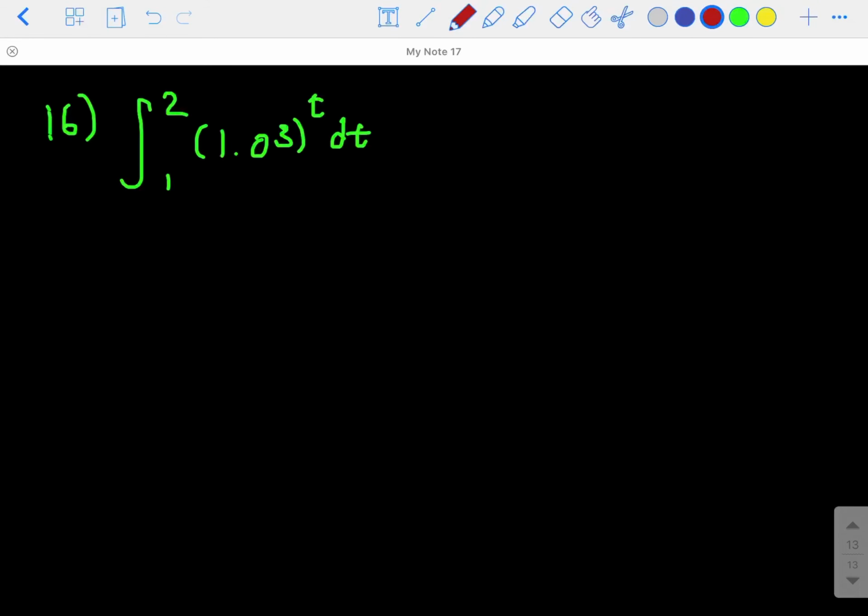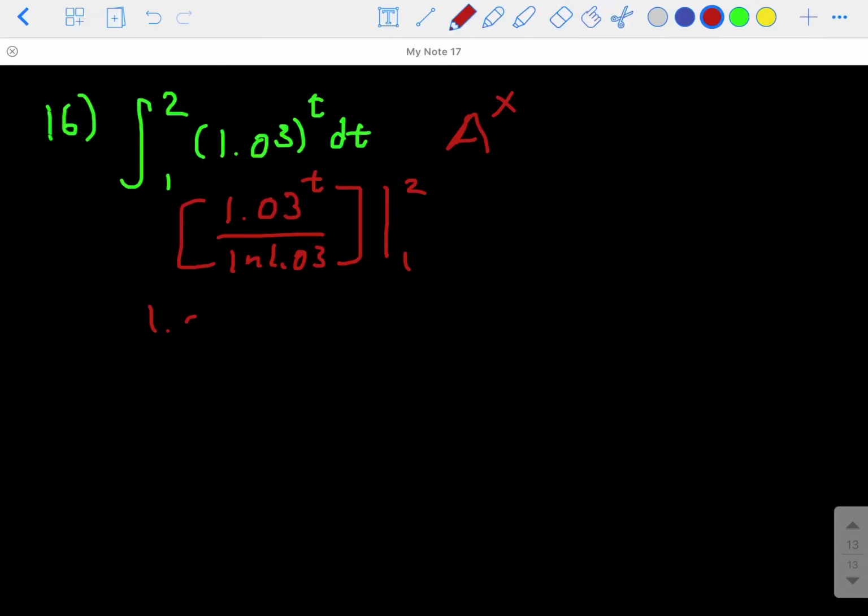This one, you have already recognized that if you have some random number a to an x power, this is just a to the x over the natural log of a. So this is 1.03 to the t, copy and paste, over the natural log of 1.03. And again, apply the bounds, 1 to 2. 1.03 to the second over the natural log of 1.03, subtracted by 1.03 to the first power.